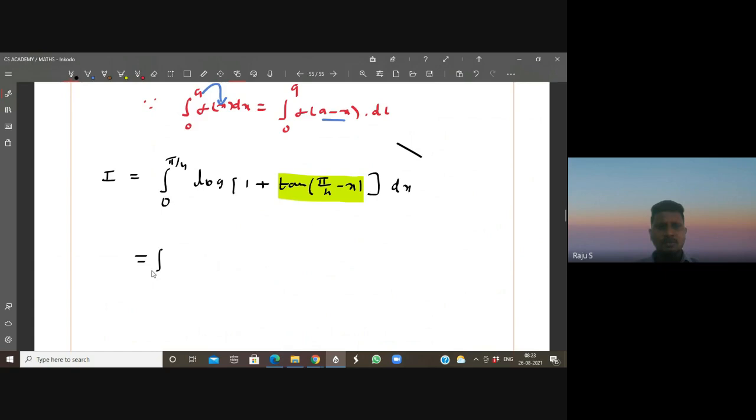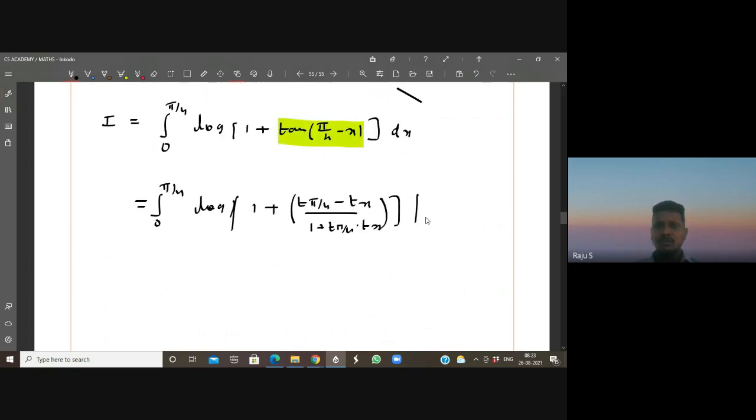Apply tan a minus b: the integral 0 to pi by 4 of log mod of 1 plus (tan pi by 4 minus tan x) by (1 plus tan pi by 4 into tan x). This is modulus.